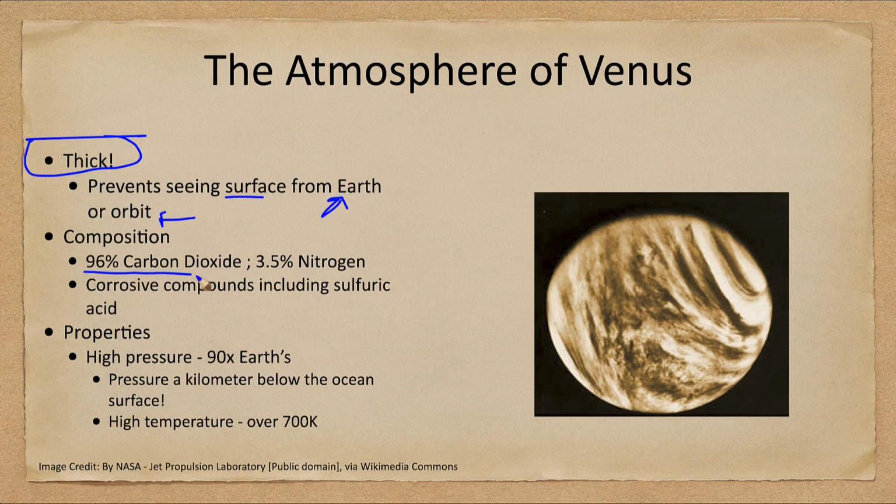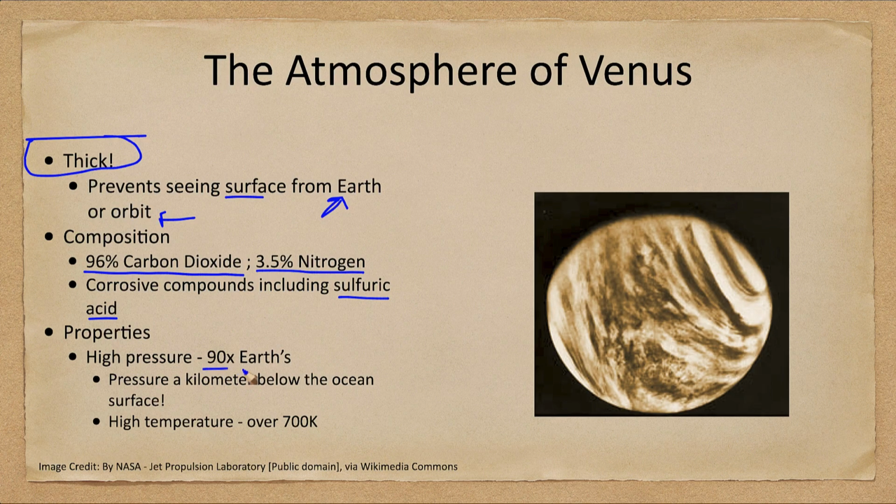It is 96% carbon dioxide, 3.5% nitrogen, and little bits of other compounds, including things like sulfuric acid, highly corrosive compounds. Now, this is one of the reasons it's been very difficult to land and explore the surface of Venus. It has a temperature that is not conducive, and a lot of corrosive compounds.